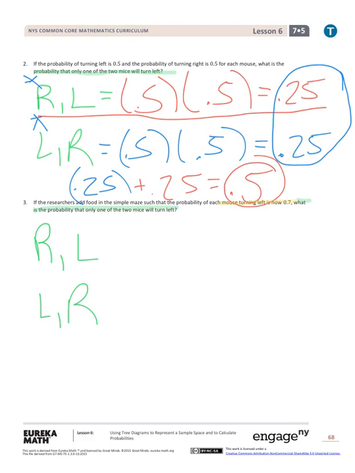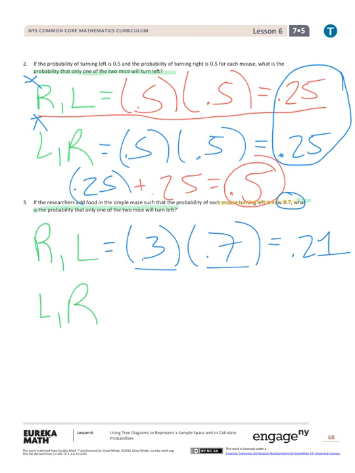Now in this first option, what's the probability this occurs? Well, it's a 0.3 chance that it'll go right and a 0.7 chance it'll go left. 0.3 times 0.7 is 0.21. And once again, the probability changes because notice now it's a 0.7 chance it'll go left, meaning it has to be a 0.3 chance it'll go right. What's the probability it'll go left then right?